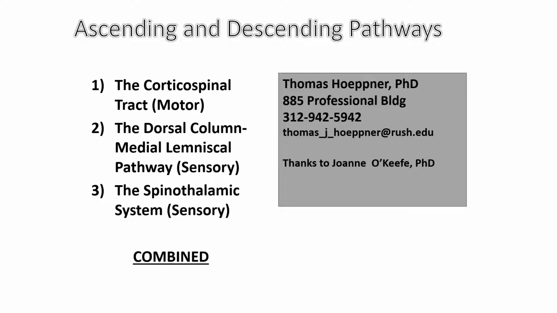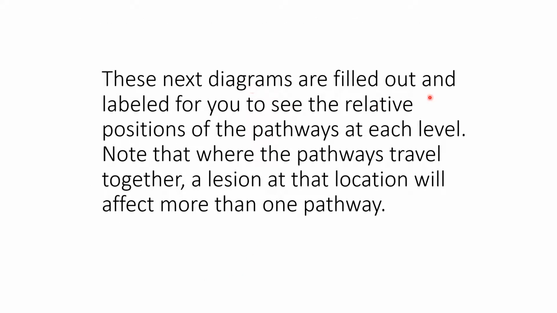Now we'd like to look at the combined pathways, all the ascending and descending pathways of these major motor and sensory pathways. The next diagrams are filled out and labeled for you to see the relative positions of the three pathways at each level of the central nervous system.